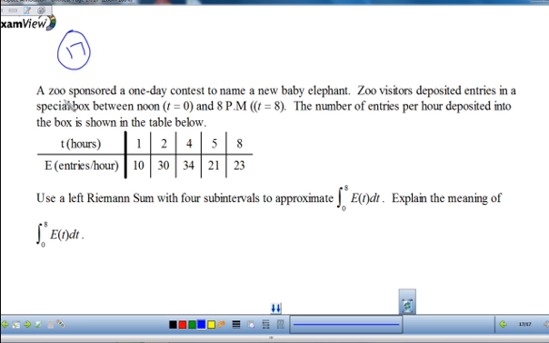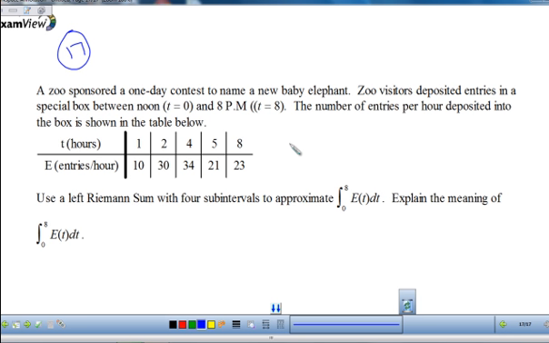The zoo sponsored a one-day contest to name a new baby elephant. The zoo visitors deposited entries in a special box between t equals 0 and t equals 8, so between noon and 8 p.m. The number of entries per hour deposited into the box is shown in the table. Use the left Riemann sum with 4 subintervals to approximate the integral from 0 to 8, and explain the meaning.